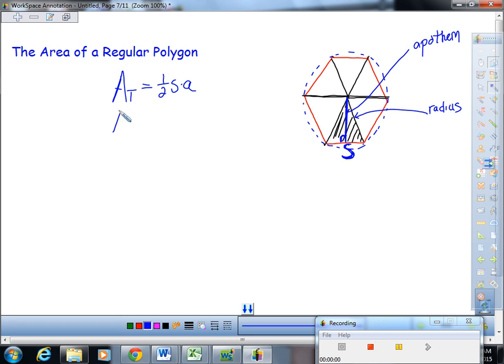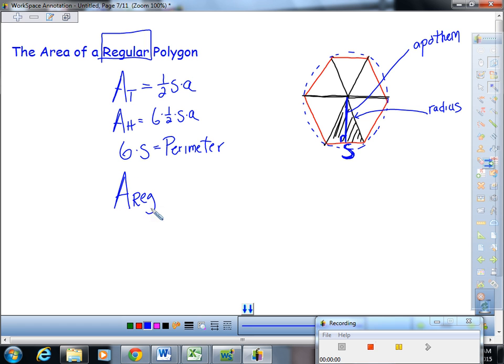So the area of the hexagon is 6 times 1/2 times S times A. Now, here's what I want you to know. 6 times S will be the perimeter. Okay, because all the sides are the same. Keep in mind, these are regular polygons. If it's not regular, then we probably can't find the area of it without using some trig, which you guys don't know yet.